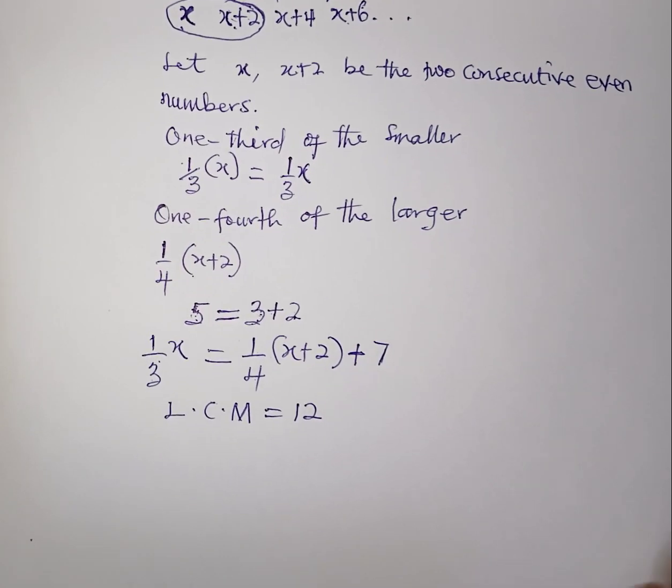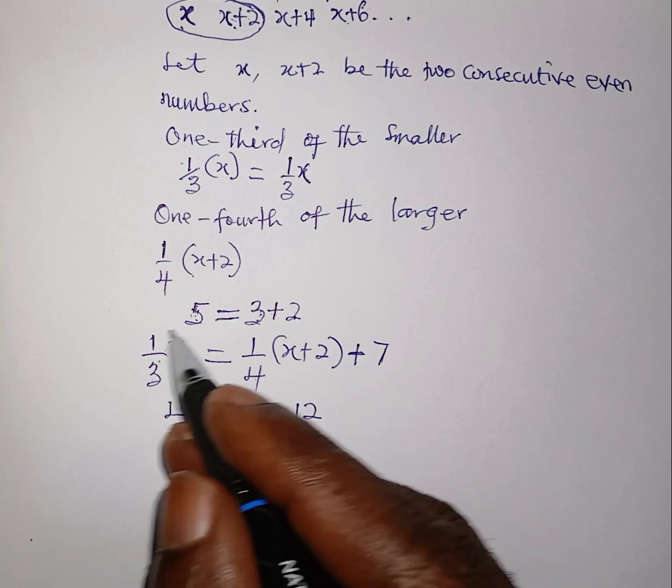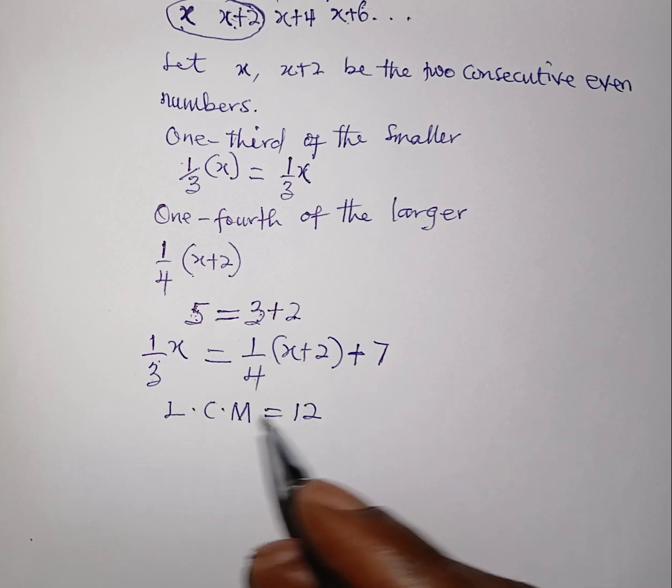Once you get the LCM, you just multiply through by the 12.